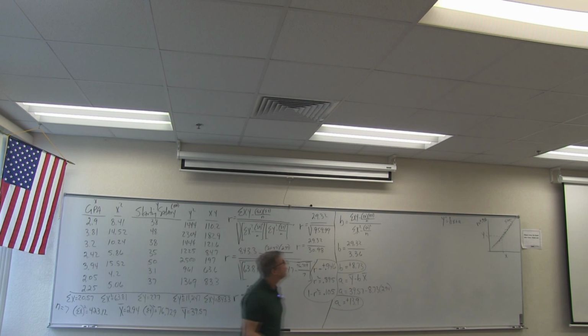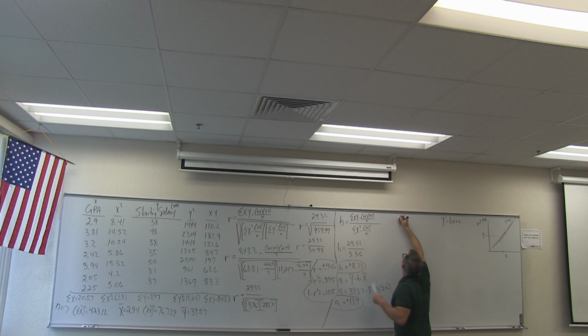We can now put our equation together. Our predicted y, y prime, is our slope, positive 8.73x plus 13.9.